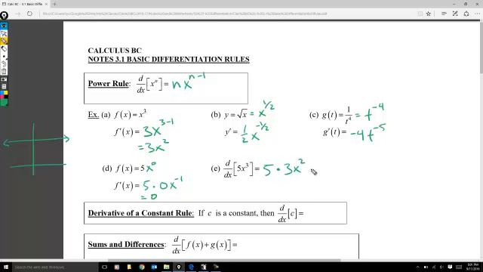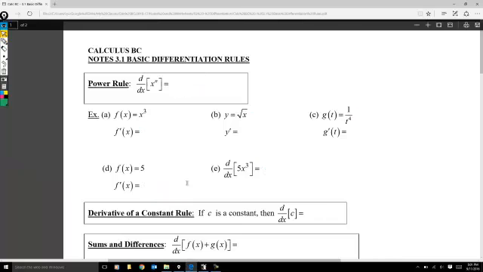So 3x squared, 5 times 3 is 15. So my end result is 15x squared. As we said from part D, the derivative of a constant is always going to be 0, because the slope of any constant function is 0. All right, let's keep going.